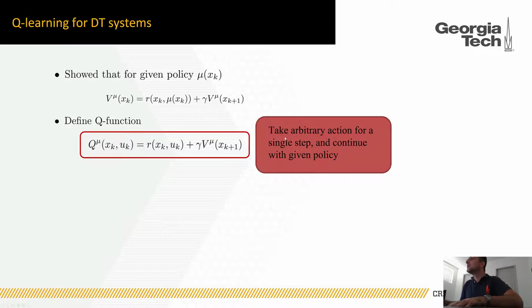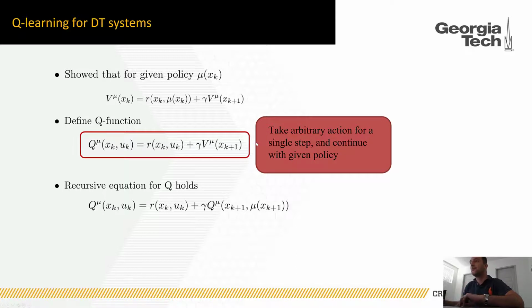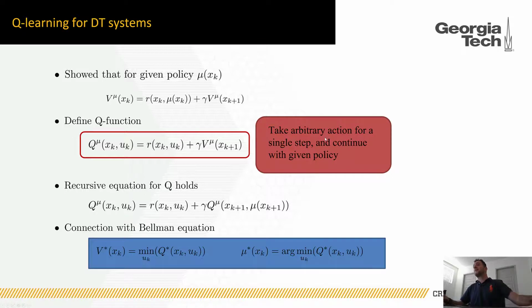Take an arbitrary action for a single step and continue with the given policy. This is actually what is called a Q function. Of course, in the recursive equation, I can substitute this guy here with a Q function as well, and I can have a recursive equation for Q. This equation doesn't require any transition dynamics, any information on x, f(x), g(x), any information on A, B, etc. This is the Bellman equation, and it will give the same cost exactly.